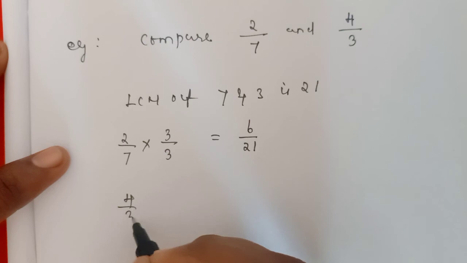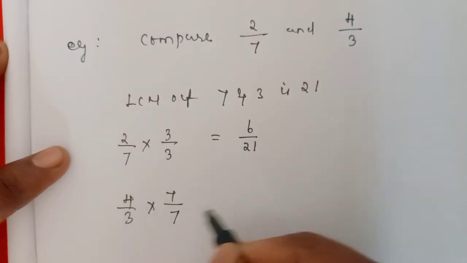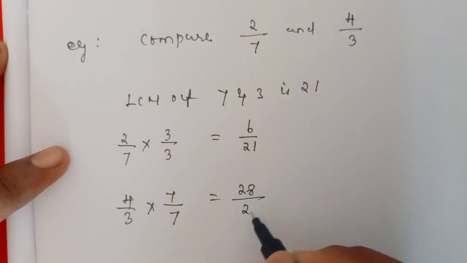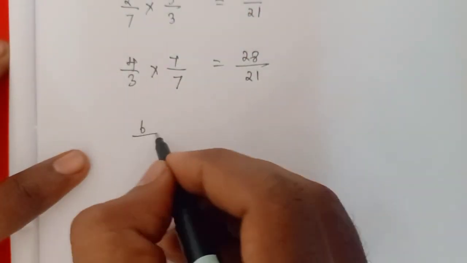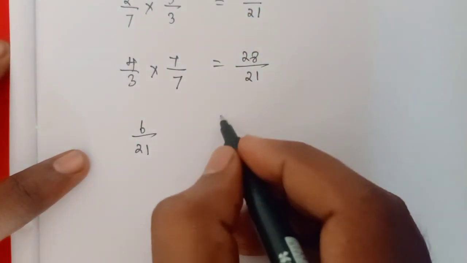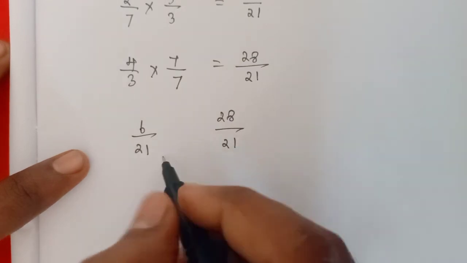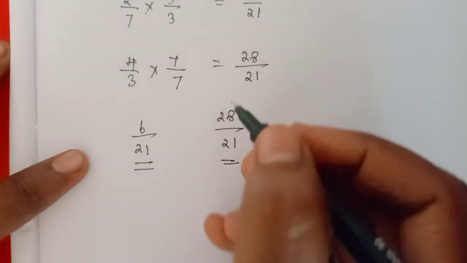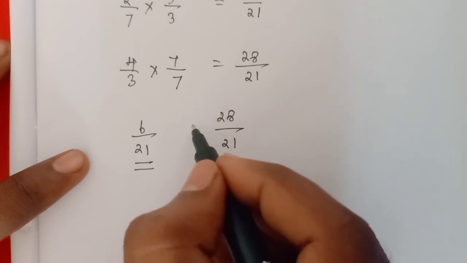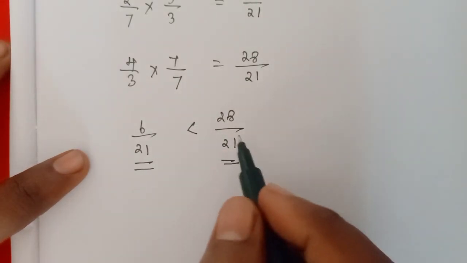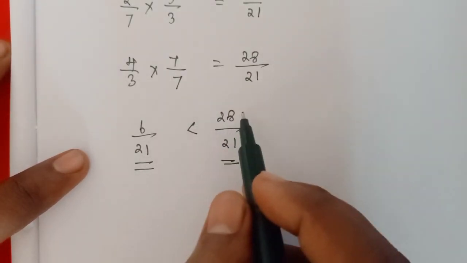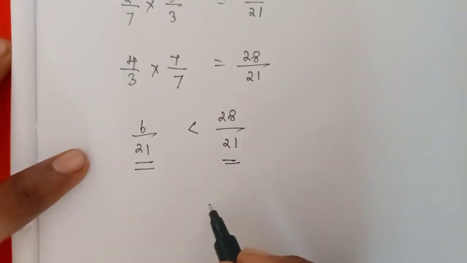Then 4 by 3, I multiply by 7, that is 28 by 21. So the equivalent fraction of 2 by 7 is 6 by 21, and of 4 by 3 is 28 by 21. Now the denominators are equal, so compare the numerators. 28 is greater, therefore 28 by 21 is the greater number. So 6 by 21 is less than 28 by 21. That's all. Thank you.